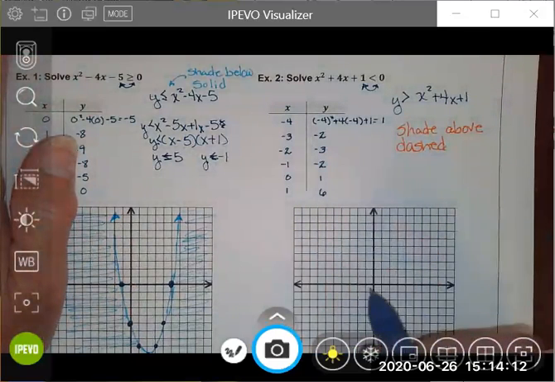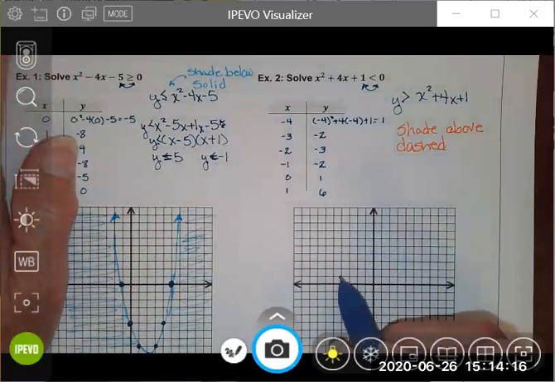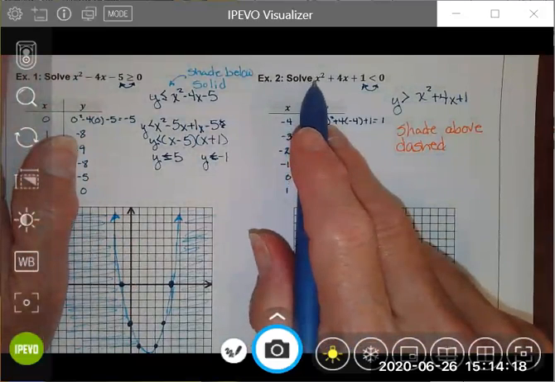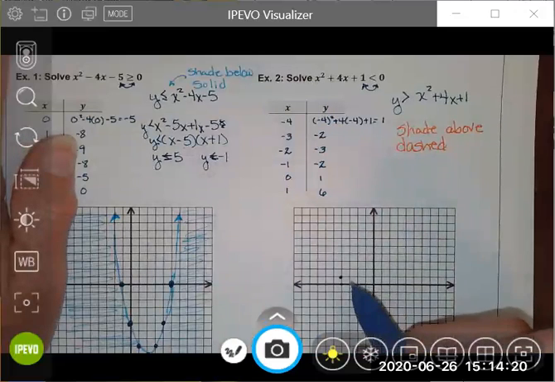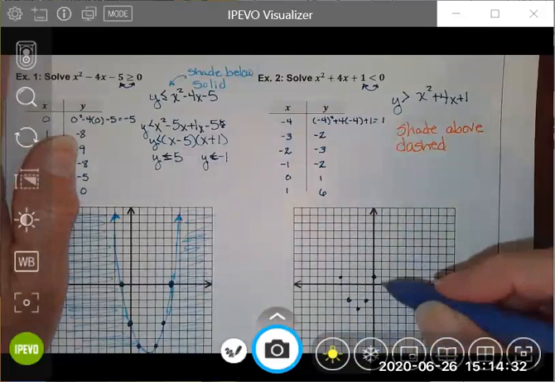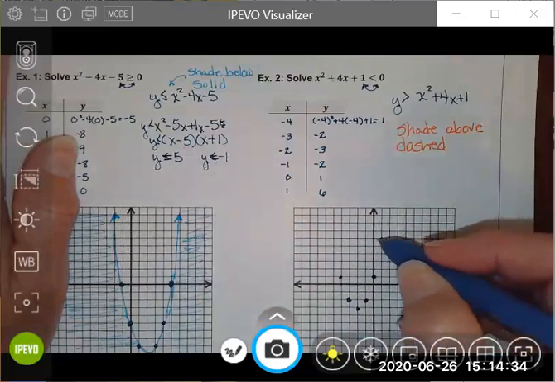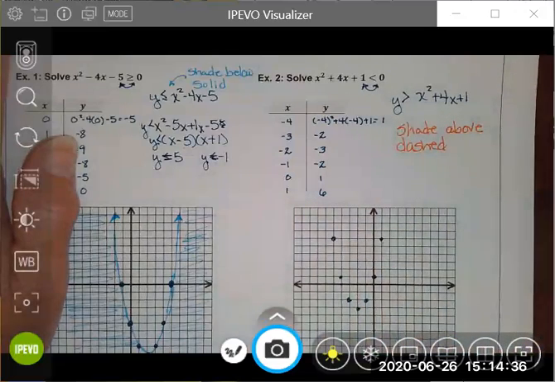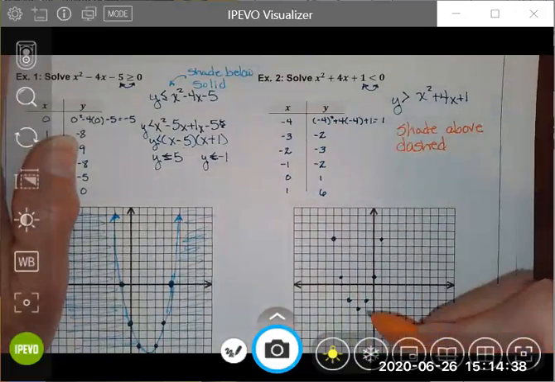I'm going to go ahead and plot these points, negative 4, 1. I notice also that this is going to be an upward opening graph because the a value is 1, which is greater than 0. 3, negative 2. It takes me a minute to graph these things, and it is symmetric. So if I just go over here, I bet there's a point there. I can use my symmetry to help me out a little.